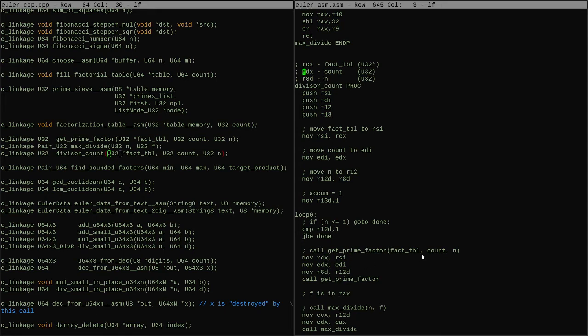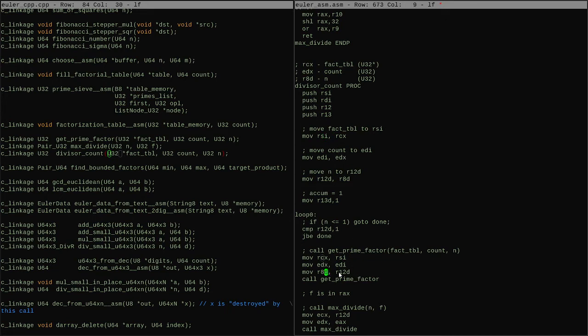That's a pass through from there to there. That's a pointer, and that's why it's 8 bytes.